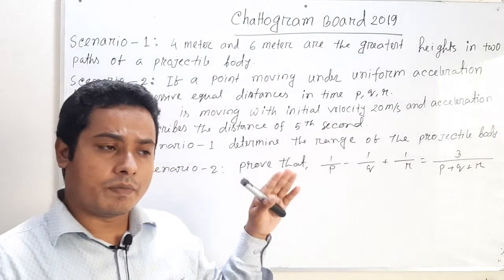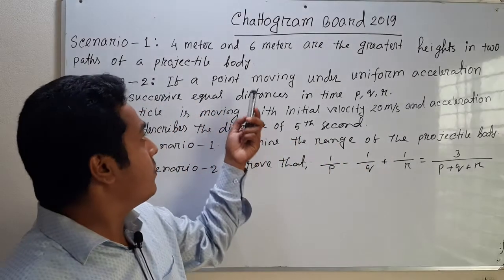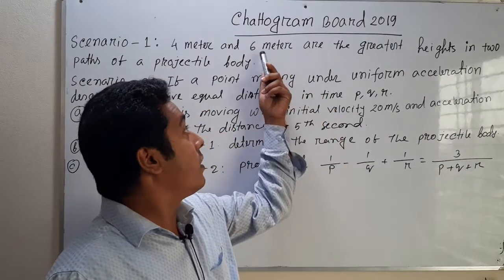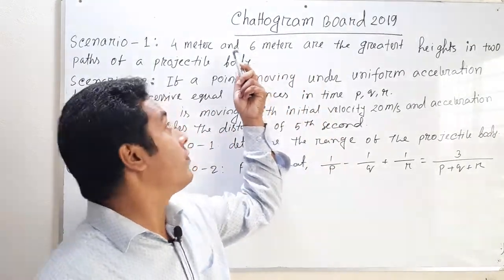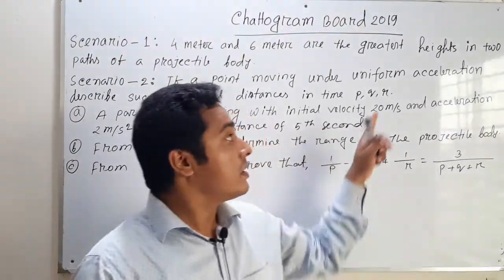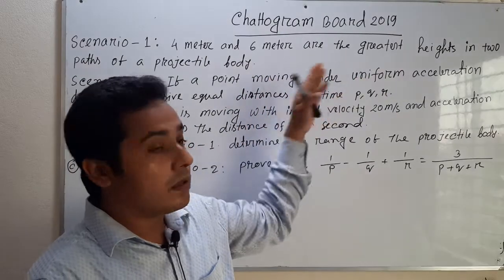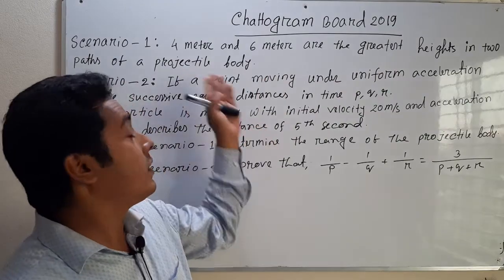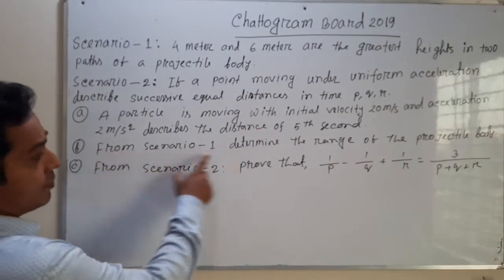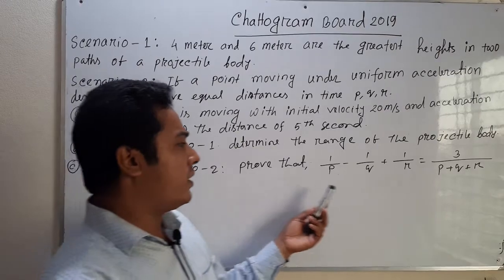If a particle is thrown with angle alpha, the greatest height is 4 meter, and another particle is thrown with 90 degree minus alpha, the greatest height is 6 meter. Call the first greatest height h1 and the second h2. Then we have to find the horizontal range. And in question C, from scenario 2, prove that this condition.